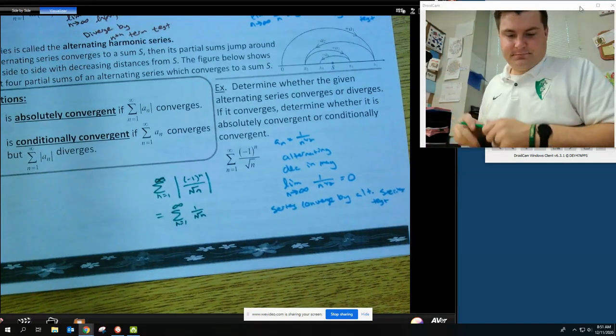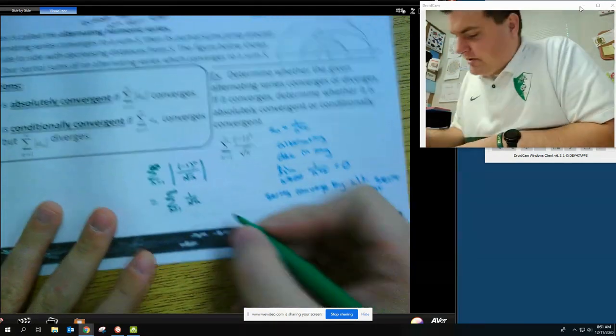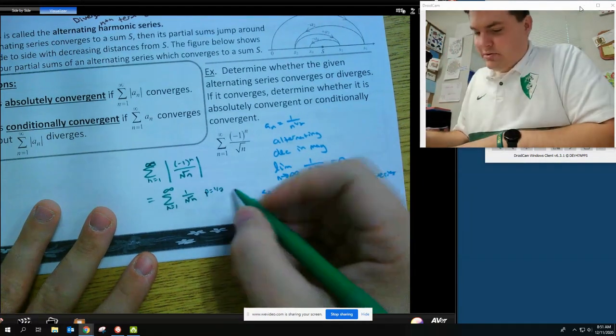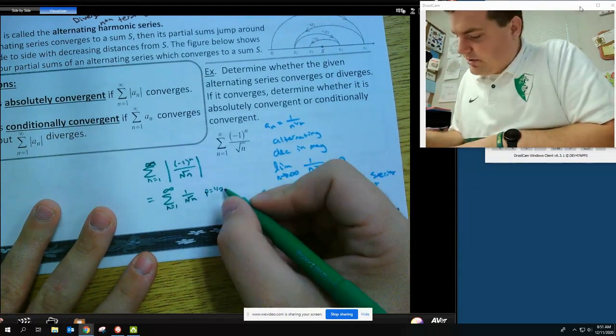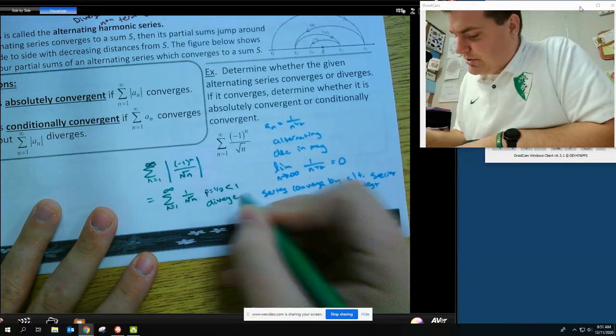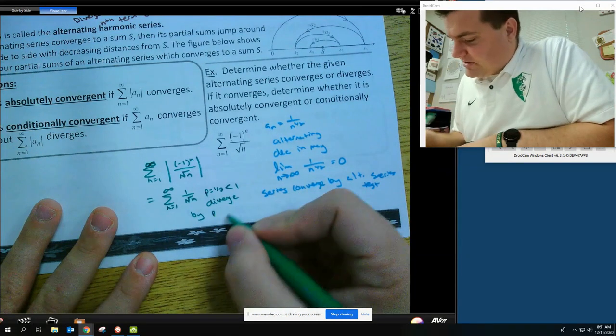Okay? And this would be a p-series because p is equal to 1/2, which is less than 1. So this is going to diverge by the p-series test.